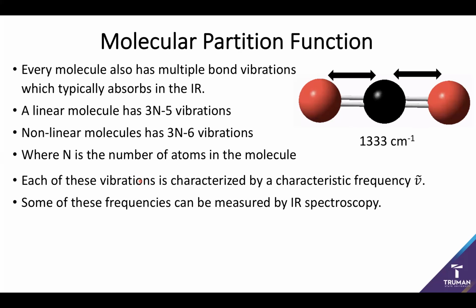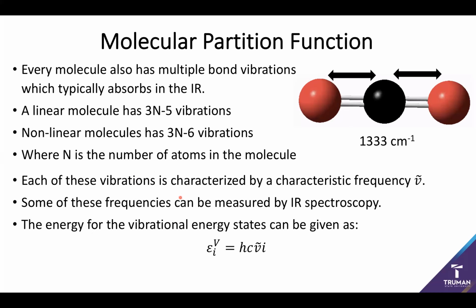Because if a molecule absorbs a photon in the IR range, what I've essentially done is excited from one energy level to the next. So not too surprisingly, the energy separation can essentially be given by Planck's constant times the speed of light times v, which is again the vibrational frequency in inverse centimeters, as you see here. Planck's constant times the speed of light essentially just gives me unit correction.